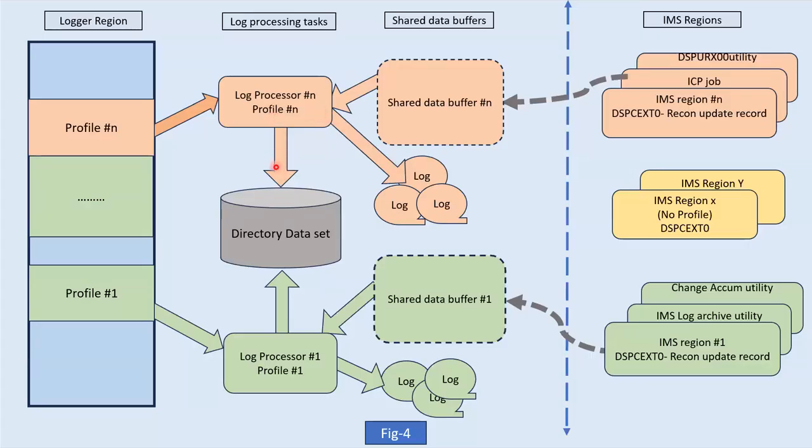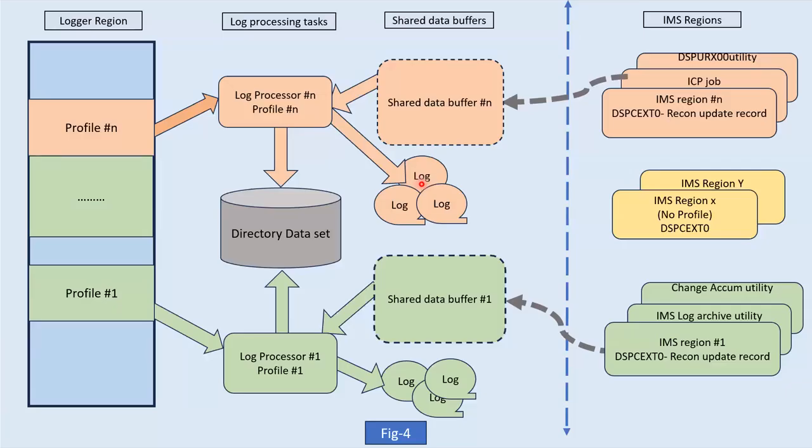The directory data set is common between all the different profiles you use. There is only one data set. You allocate it once, and then that's going to be reused. And the log data sets, each profile will have its own set of log data sets. There is no overlap. One set of logs will only have information about one set of recons.